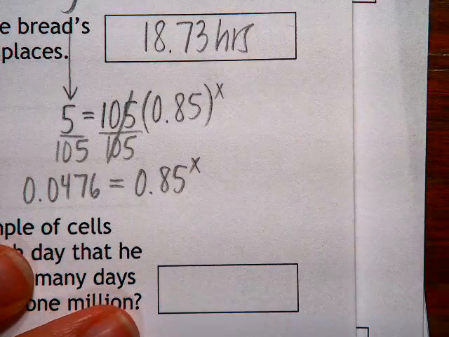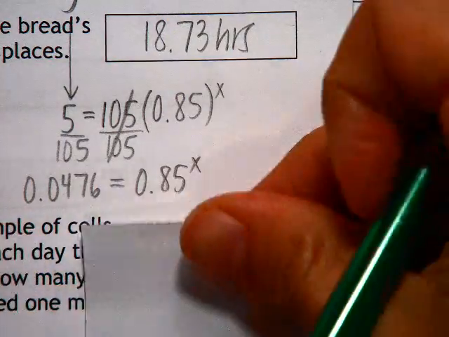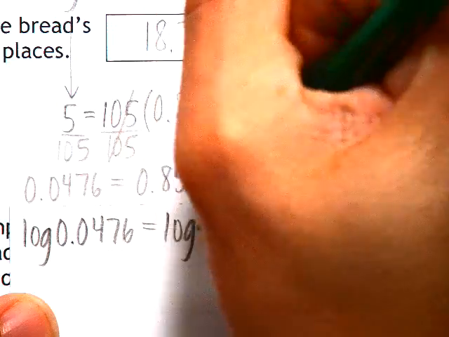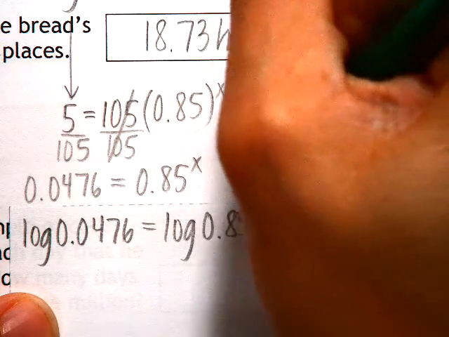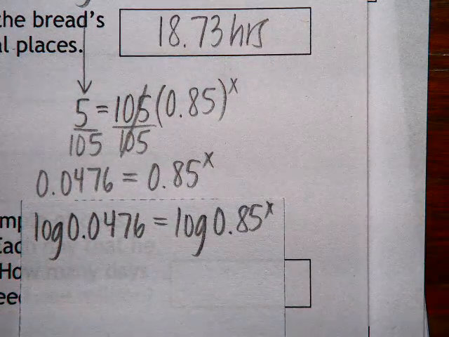Introduce a log into this problem. Write a log on both sides of this equation. So, and I'll use scratch paper so I don't run out of space here, log of 0.0476 equals log of 0.85 to the x. Remember why we write log?